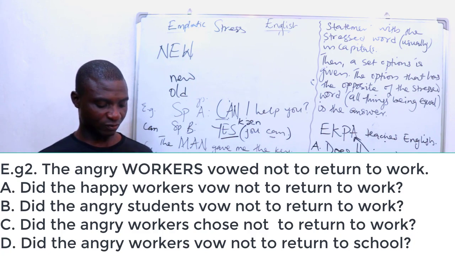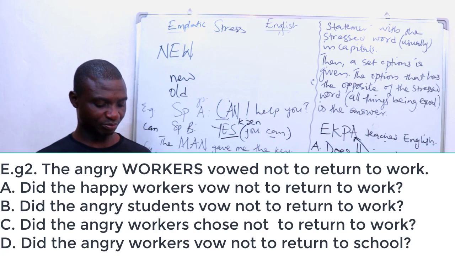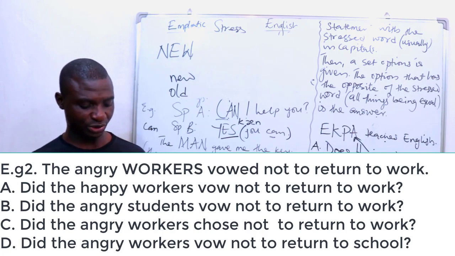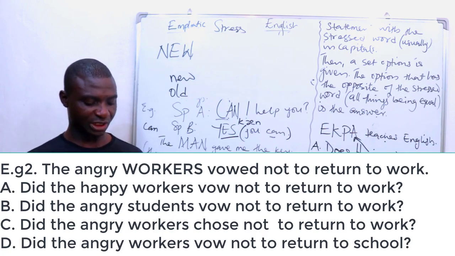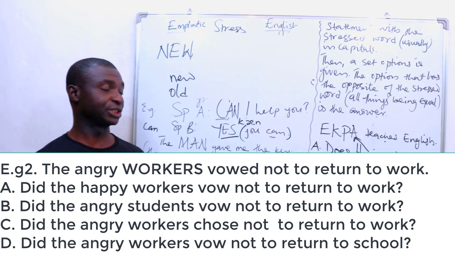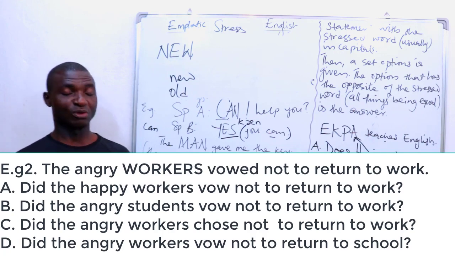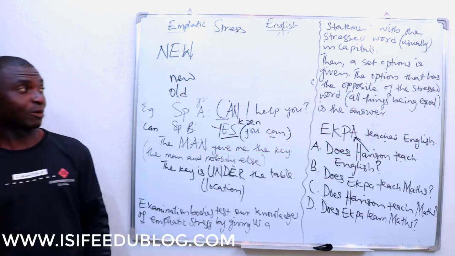Now, the correct answer is option B again. Option B changed workers to students. Option A had workers, B had students, C had workers, D had workers. So the opposite of workers is student, and that answers the question there.